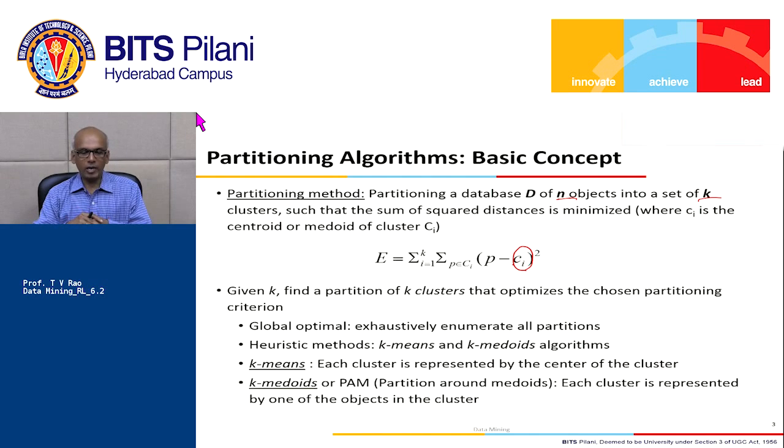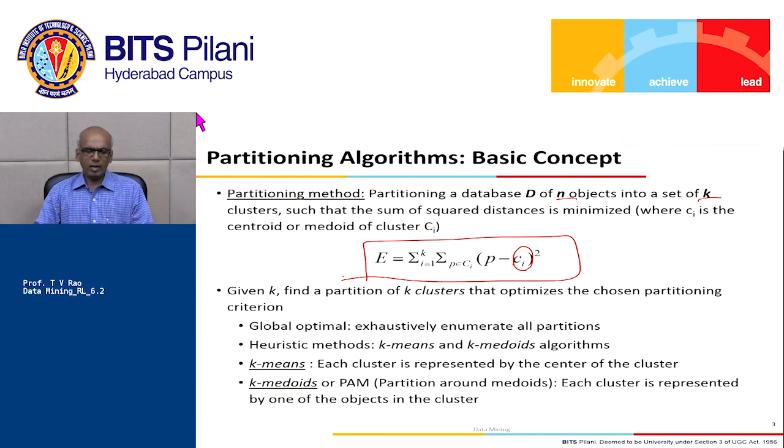And then we find out which offers us the minimization of this function. And we have some heuristic methods for k-means and k-medoids, which we are going to see in a short while. So we create the clusters for a given k in such a way that they are centered around a representative point.